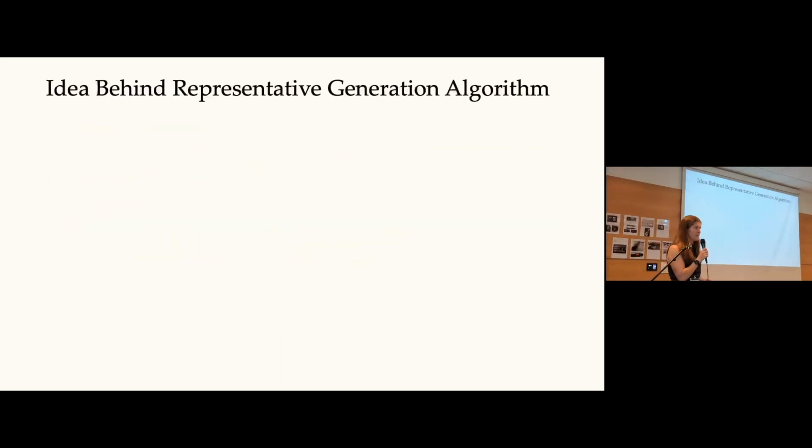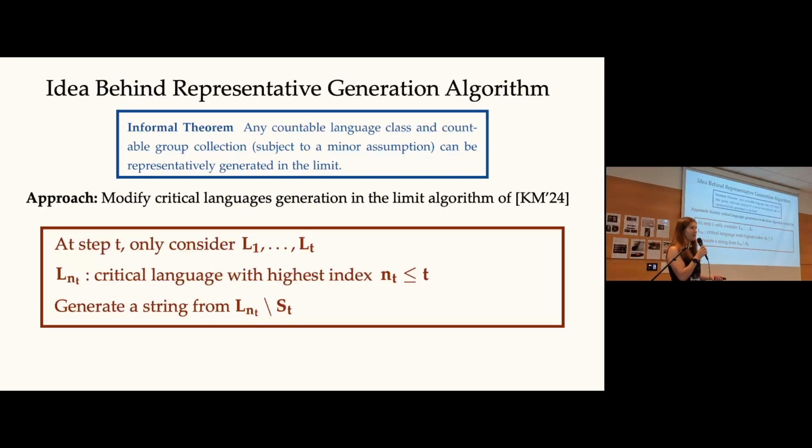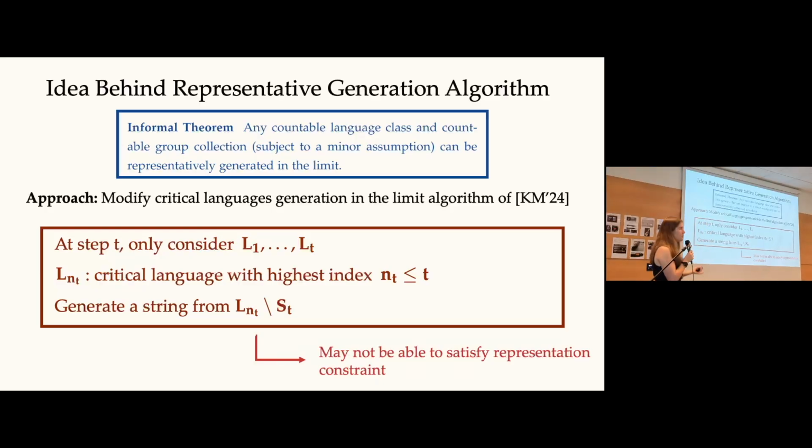To give a small taste of how we achieve representative generation in the limit, the theorem I just mentioned is basically a small modification to the critical languages algorithm of Kleinberg and Mullainathan that Moses mentioned earlier. This algorithm says, let's list out all of these critical languages, find the rightmost, highest index critical language, and generate some unseen sample from that. The problem with directly applying this approach is that the rightmost critical language may not actually have points that allow us to satisfy this representation constraint.